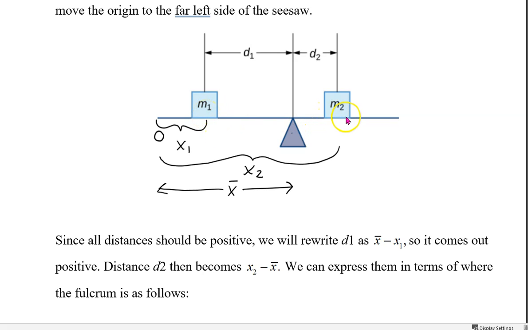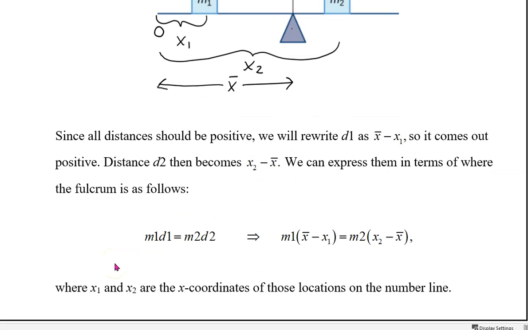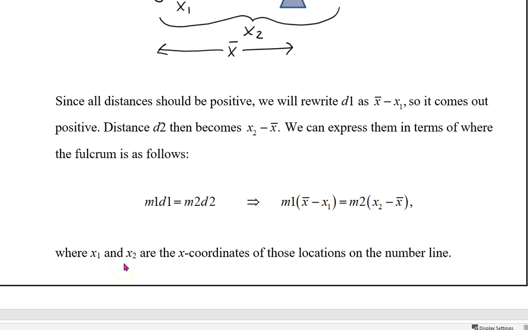Then we'll represent distance 2 from kid 2 to the fulcrum as x2 minus x bar. Now we can express them in terms of where the fulcrum is as m1 d1 equal to m2 d2, as m1 times (x bar minus x1) equal to m2 times (x2 minus x bar), where x1 and x2 are the x coordinates of those locations on the number line.